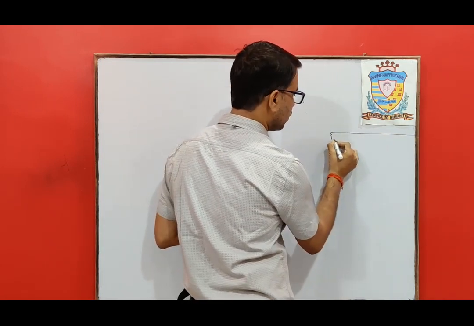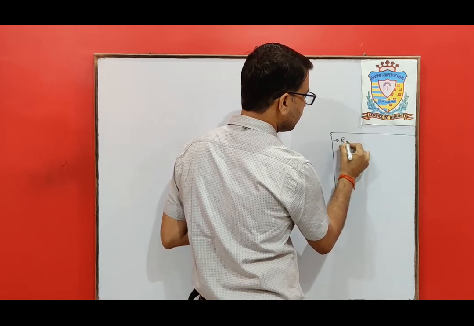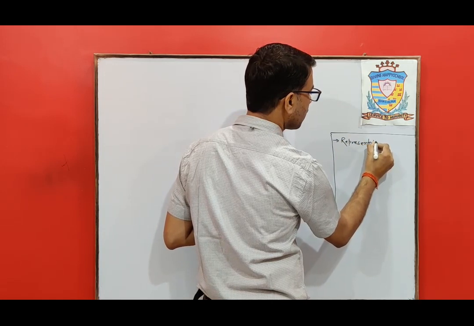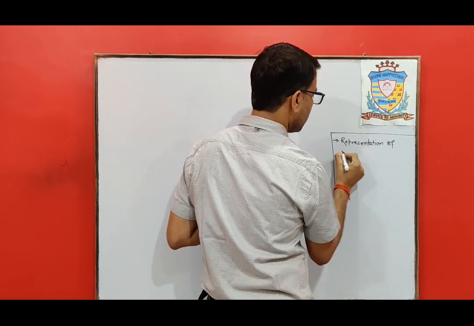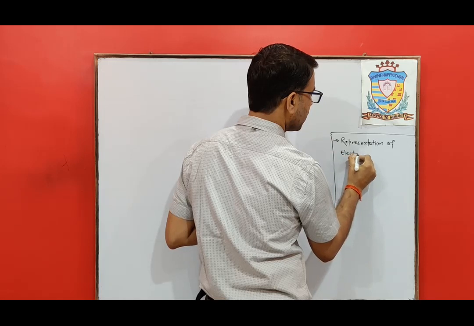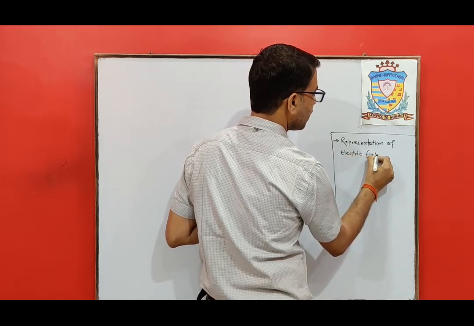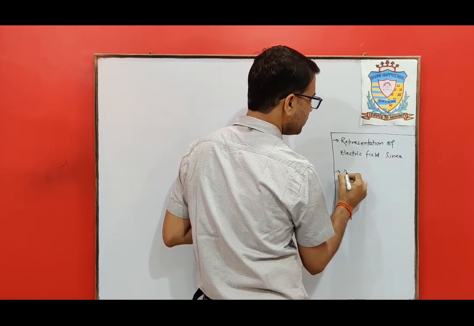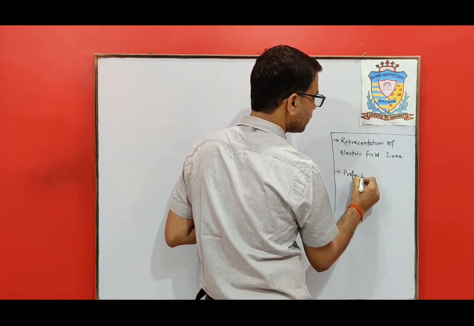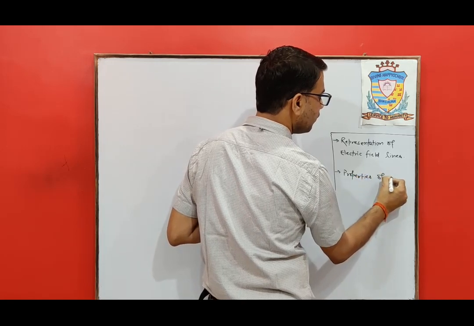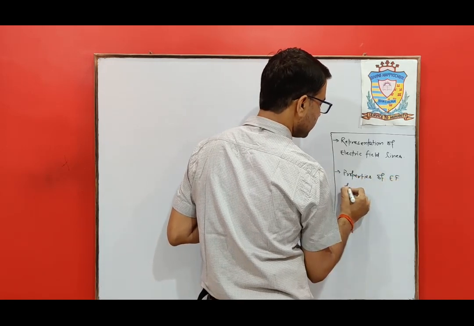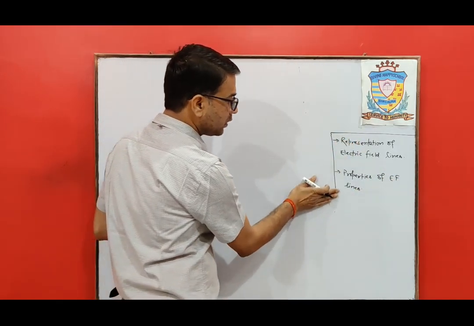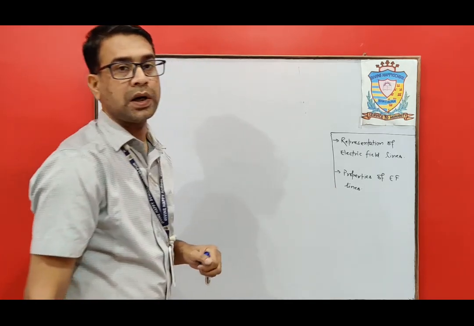Today we will discuss two topics, that is representation of electric field lines and properties of electric field lines. Okay, so first we will start with representation of electric field lines.